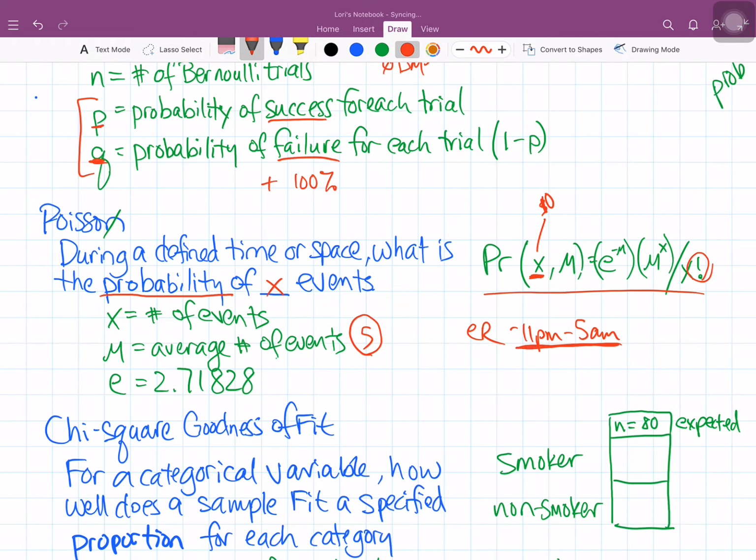And so we probably wouldn't want to use the same equation for 11 p.m. to 5 a.m., the middle of the night, as we would for 6 a.m. to 10 a.m., which tends to be a time when a lot of people wake up in the morning, realize their kids are sick, and then have to take them to the emergency department.